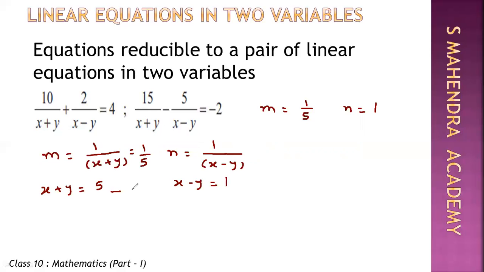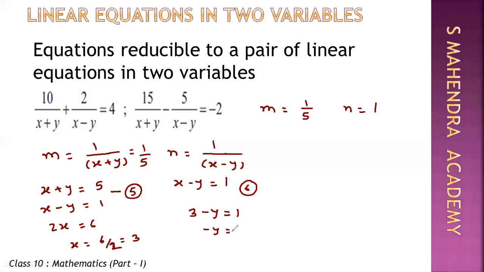So again we have to solve this equation, equation number 5 and equation number 6, as simultaneous linear equations, and the addition of which will result as 2x is equal to 6, where x will be 6 upon 2, that is 3, and the value of y will be, after substituting in equation number 6, 3 minus y is equal to 1, minus y is equal to 1 minus 3, minus 2, and y is equal to 2.